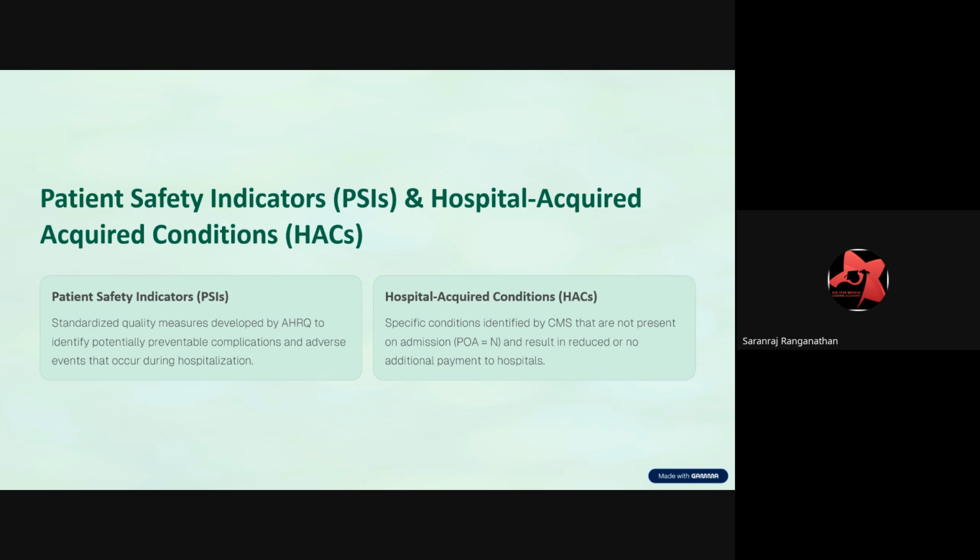This is an organization developed under HHS, the Department of Health and Human Services. Under federal law, we have the HHS, and all of these are assigned based on that.